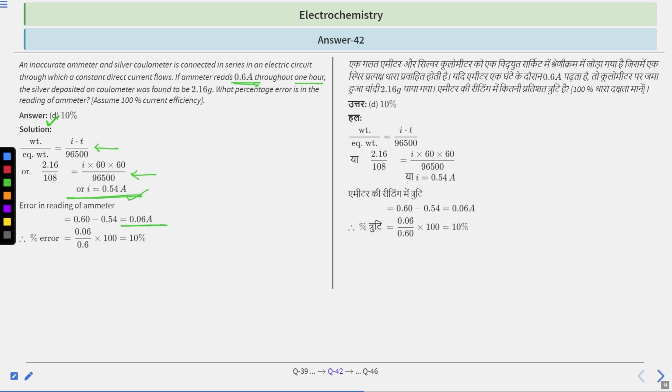It is 0.06. Now the percentage error will be the error coming out divided by the initial reading multiplied by 100. It will be equal to 10%. Okay, so percentage error is 10%, and thus option D is the correct answer.